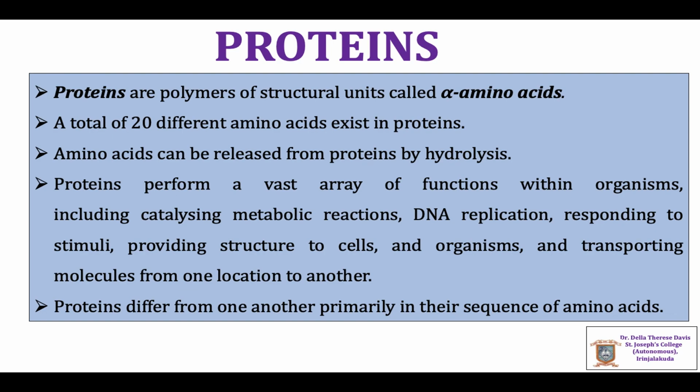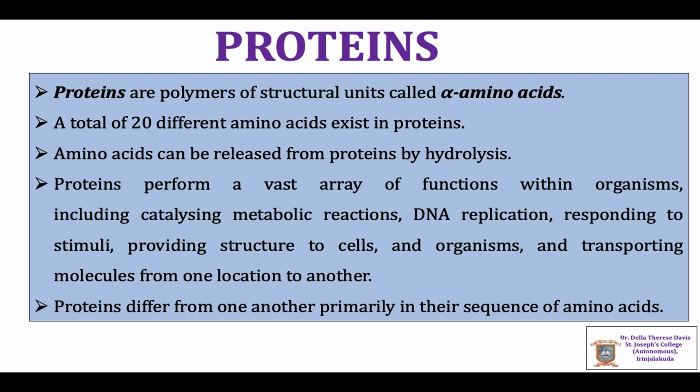Proteins are macromolecules. Their molecular masses range from a few thousand to several million. The building blocks of proteins are alpha amino acids. Thus, proteins are the polymers of alpha amino acids.